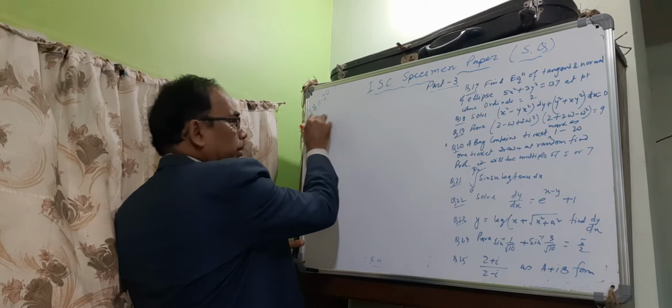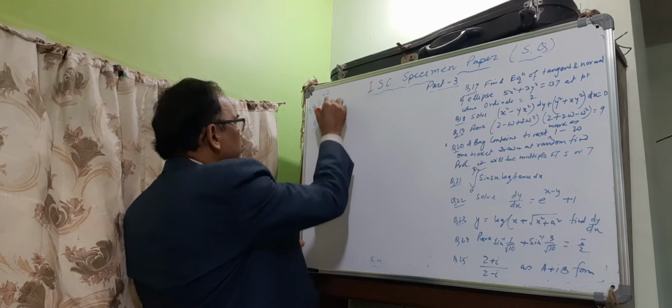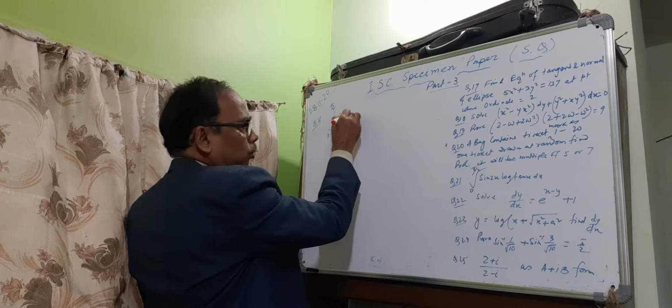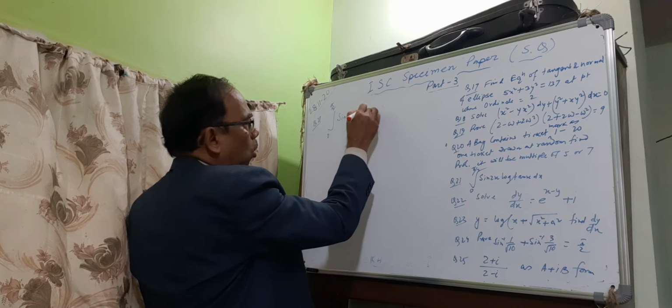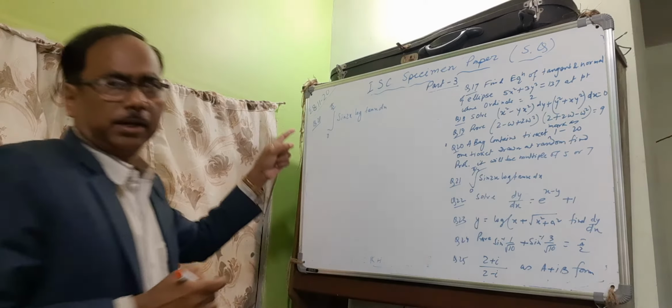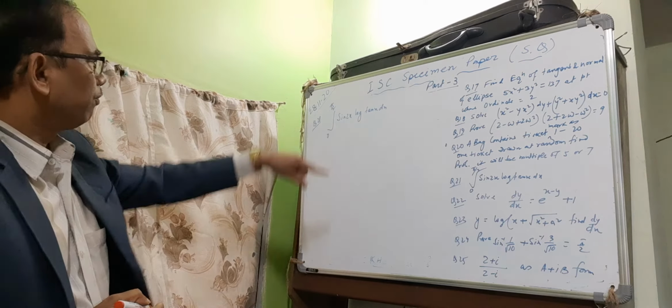Question number 21. Integration from 0 to pi by 2 of sine 2x log of tan x dx. It is a definite integral.